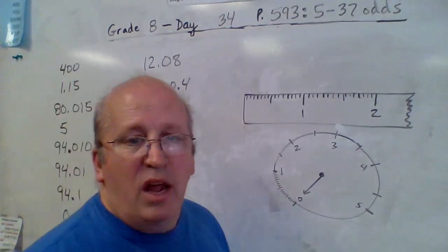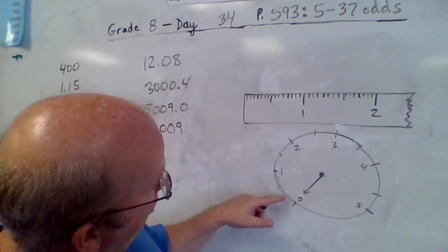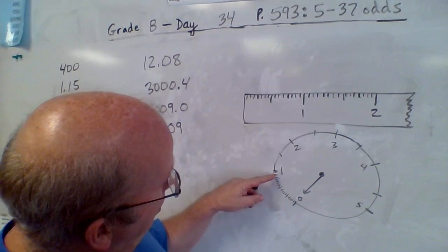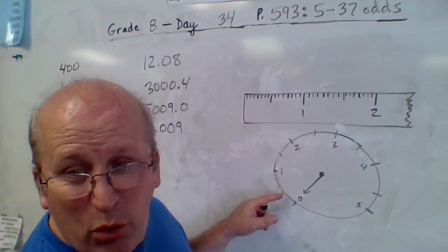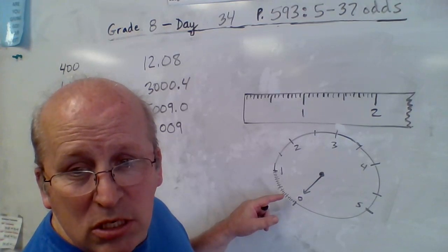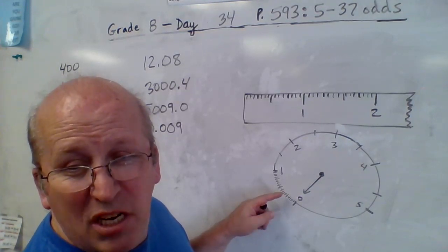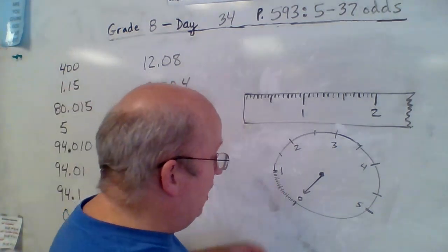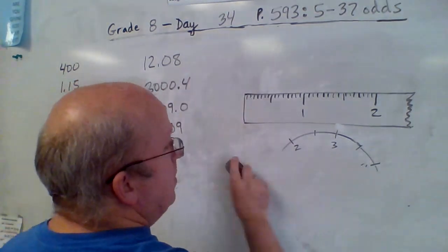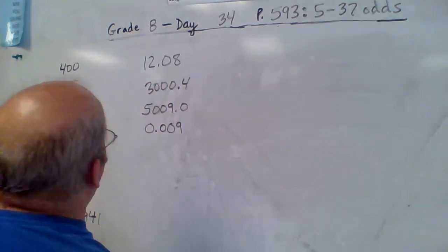Okay, it's kind of hard to see, but now I'm trying to divide this into the individual ounces, so this one would be precise to the nearest ounce, or precise to the nearest 1/16 of a pound, because I'm dividing it into much smaller sections.